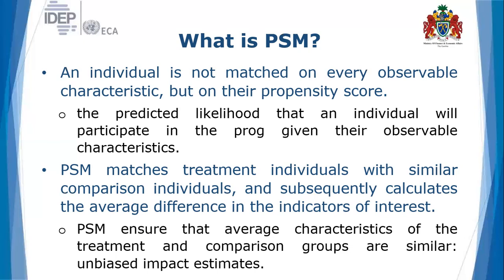Those individuals that do not have similar characteristics are left out, only those that have similarities, so that the estimate of impact through comparison between the two groups is done based on individuals that are similar, so that any difference between them can then be attributed to the program.